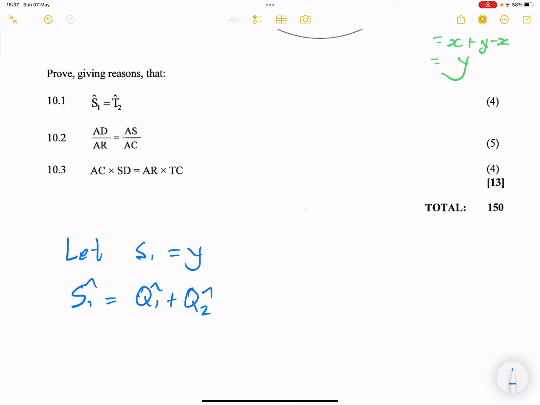Okay, so in this case, remember, why did we say they are equal to each other? That's the exterior angle of a cyclic quad, right?